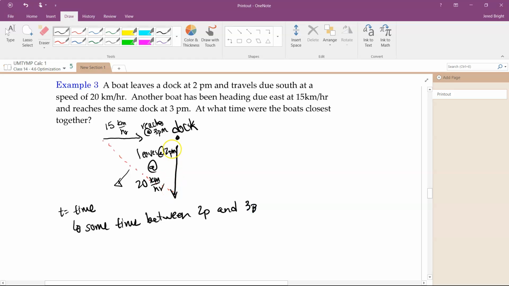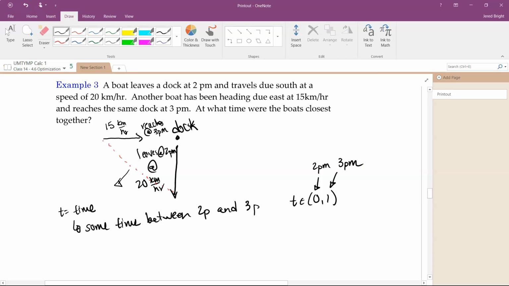Because otherwise, before then, the one boat would have been at the dock, and after that, the other boat will be at the dock. So we're just going to say that t is somewhere in the interval 0 to 1, again, open. 0 would correspond to 2 p.m., and 1 would correspond to 3 p.m.